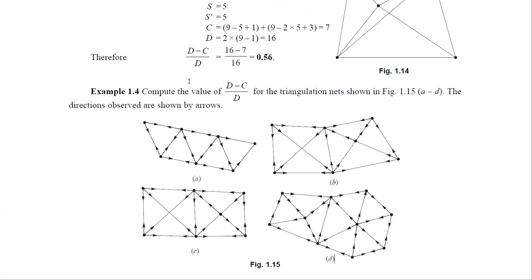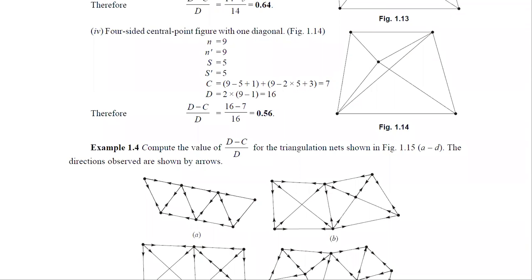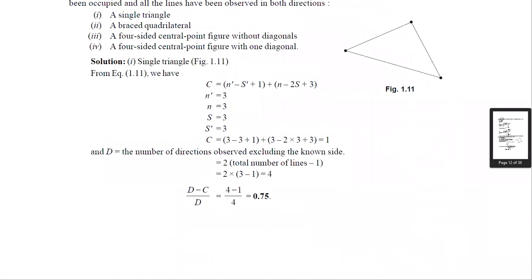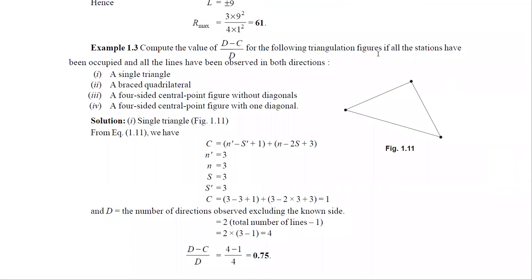In the previous question, we have seen how to find this (d minus c) divided by d. But in that question, if you can recall, it had been given that all the stations have been occupied and all the lines have been observed in both directions.